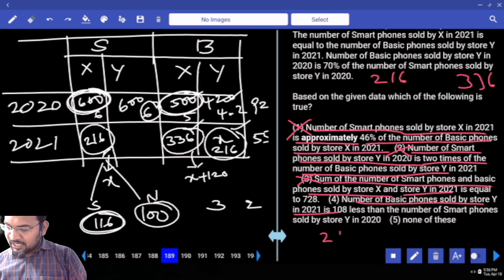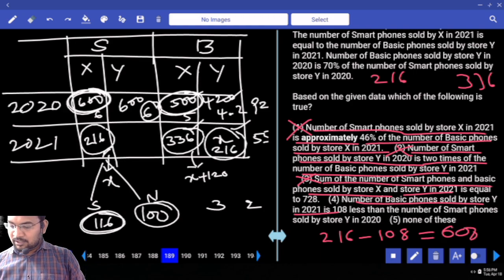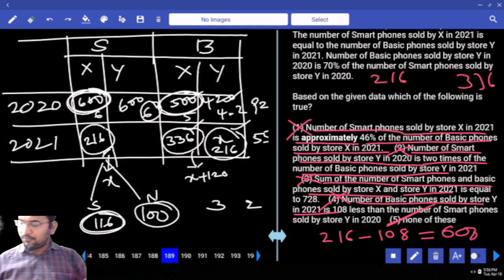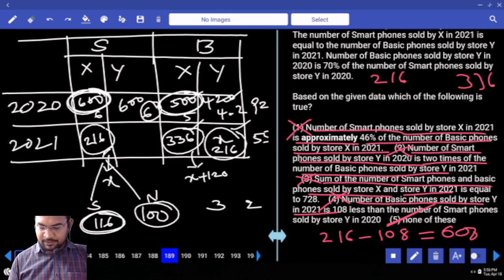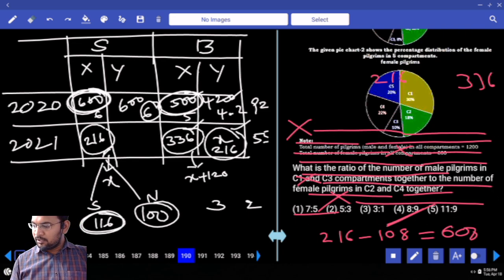This 216 is 108 less than the number of smartphones sold by store Y in 2020, which is 600. Is it possible? No. The fourth statement is also false. Your answer is none of these. So this one is also completed.